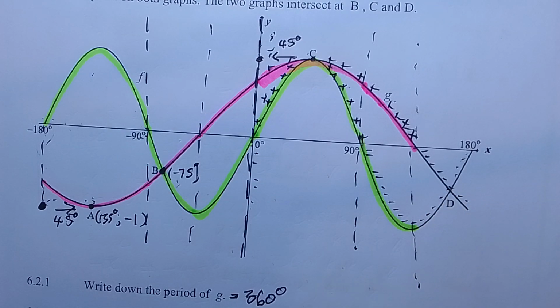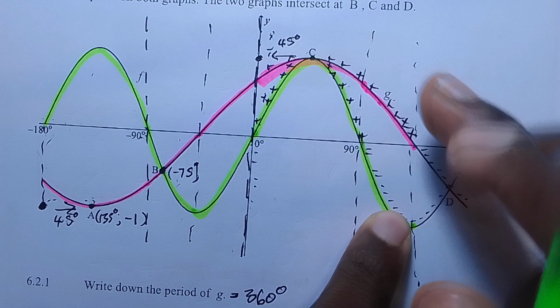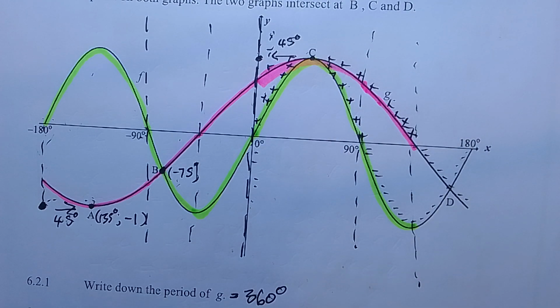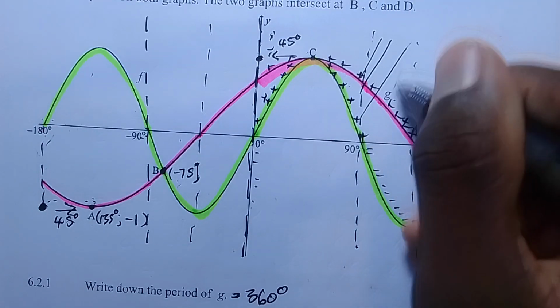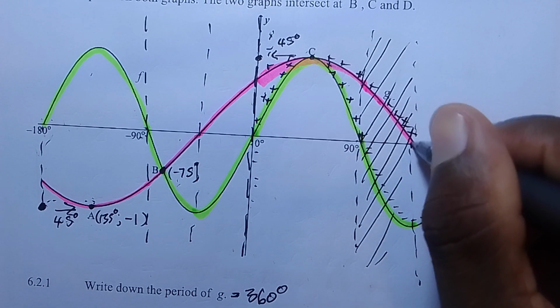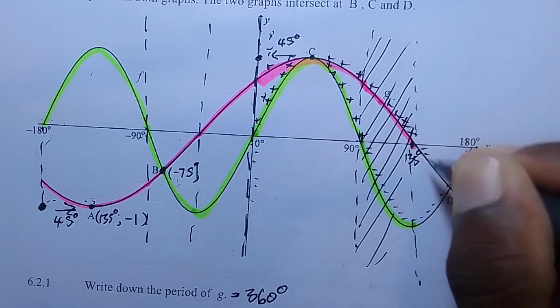If F is negative, which is below the x-axis, and G is positive, that means this should be included in our answer. So that's our first solution in the range. This from 90 to this value here, which we will find to be 135 degrees.